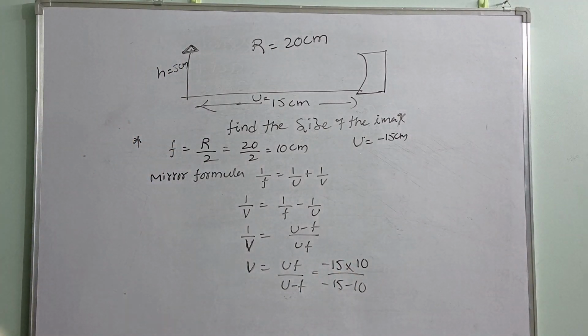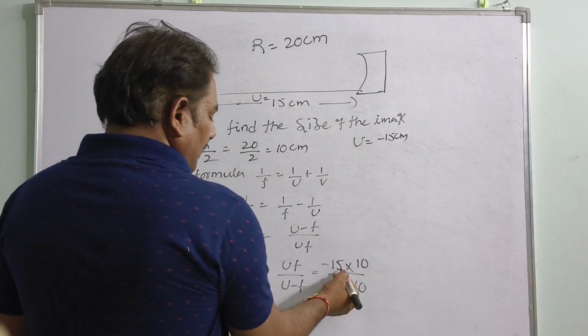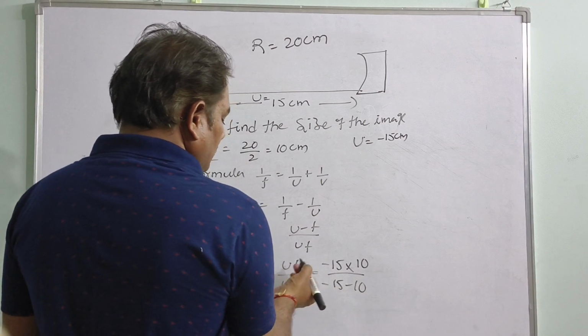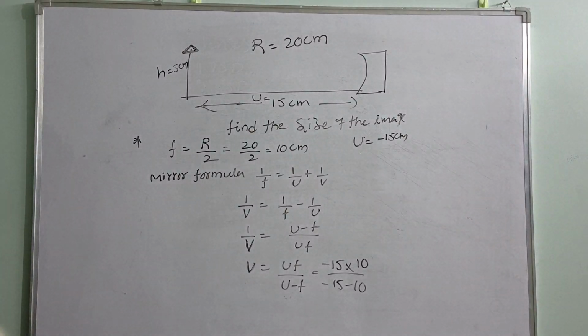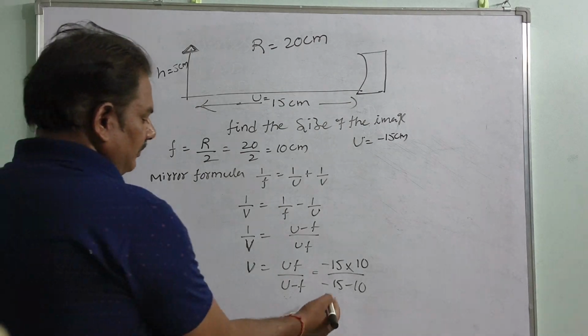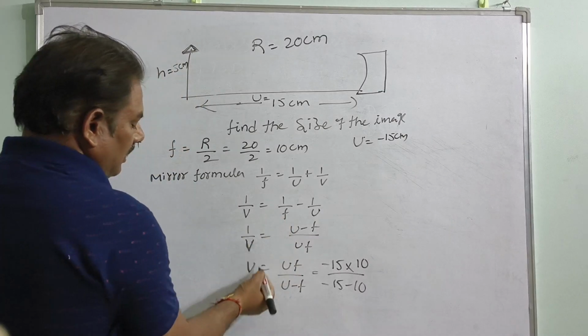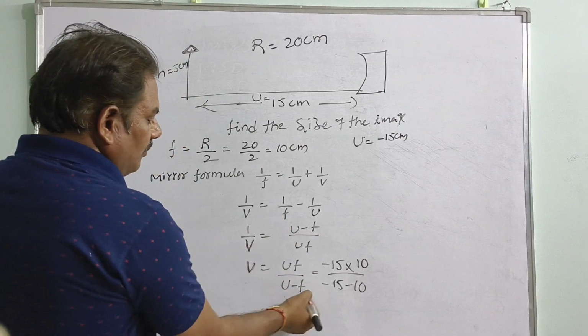Substitute in v is equal to uf by u minus f.